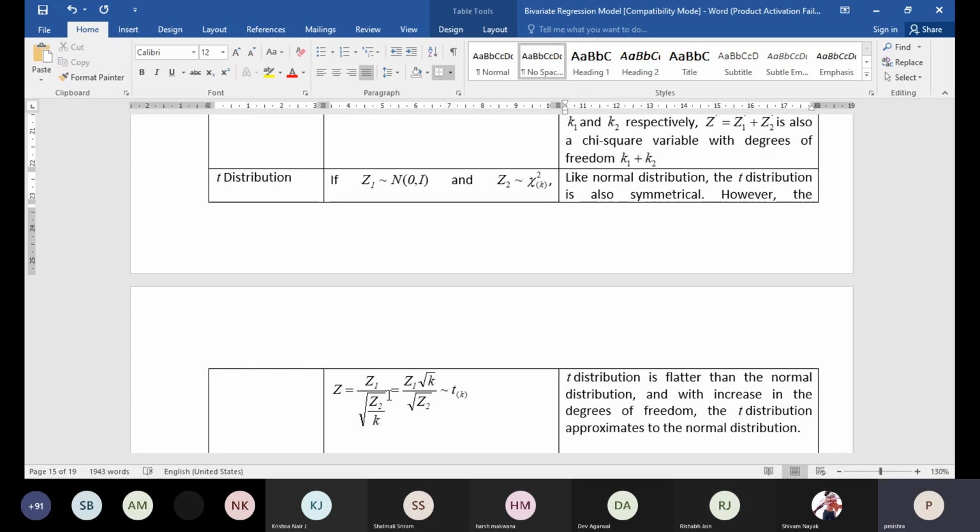This T distribution basically comes from the ratio of standard normal distribution Z1, you can see here Z1, and the square root of the chi-square distribution.